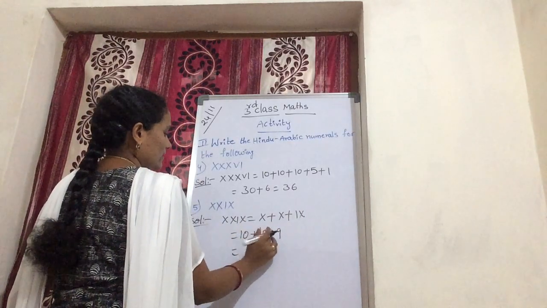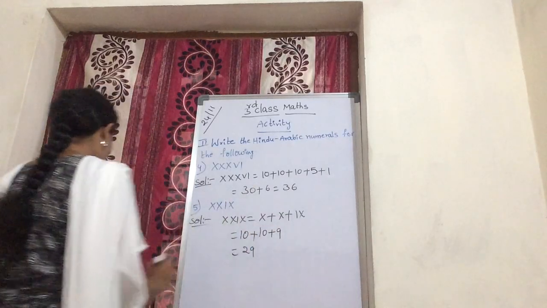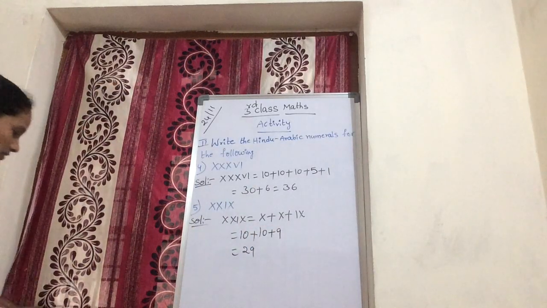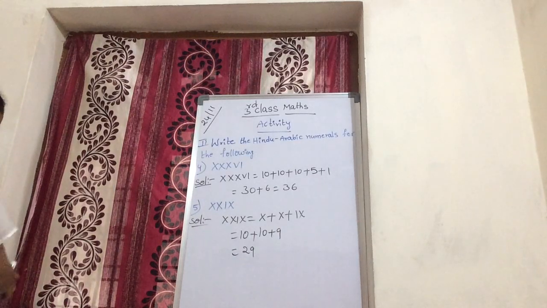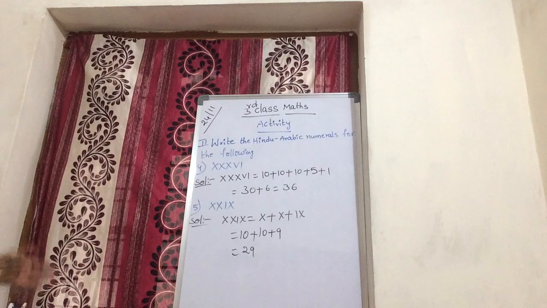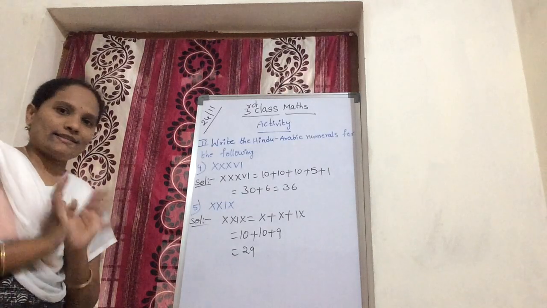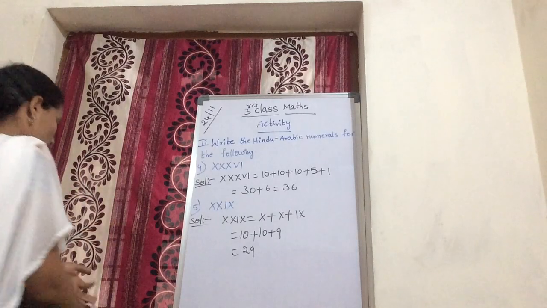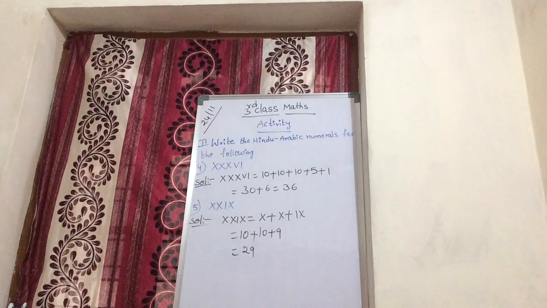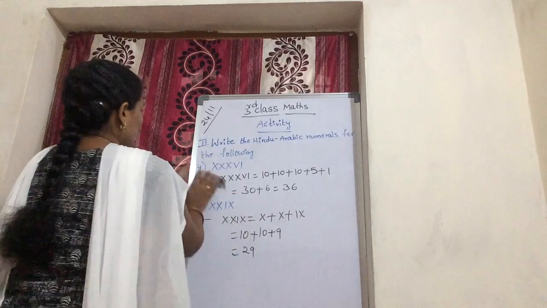So 20, 29. Okay, copy it. Now I will give homework, Amma. Simple. Before, you do subtraction; after, you do addition.